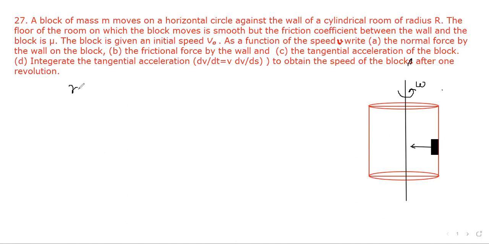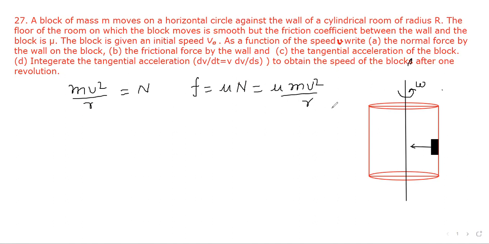So we can write mv square upon r is the normal reaction. Now, frictional force is equal to mu times normal reaction. So it will be mu times mv square divided by r.